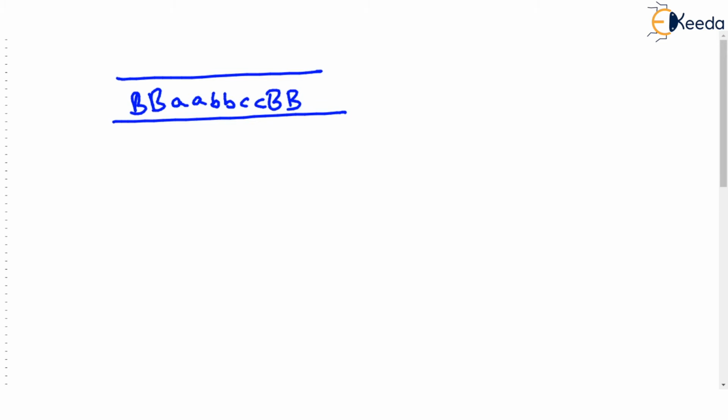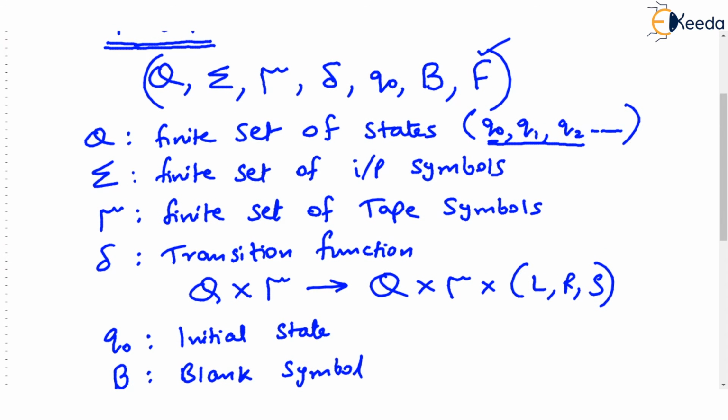Now watch this input string which the Turing machine is going to read. We say that the input is made up of 3 symbols A, B, C. Then this is known as the input alphabet. We say that the tape will contain any string made up of A, B, C. So that is the meaning of the input symbols.